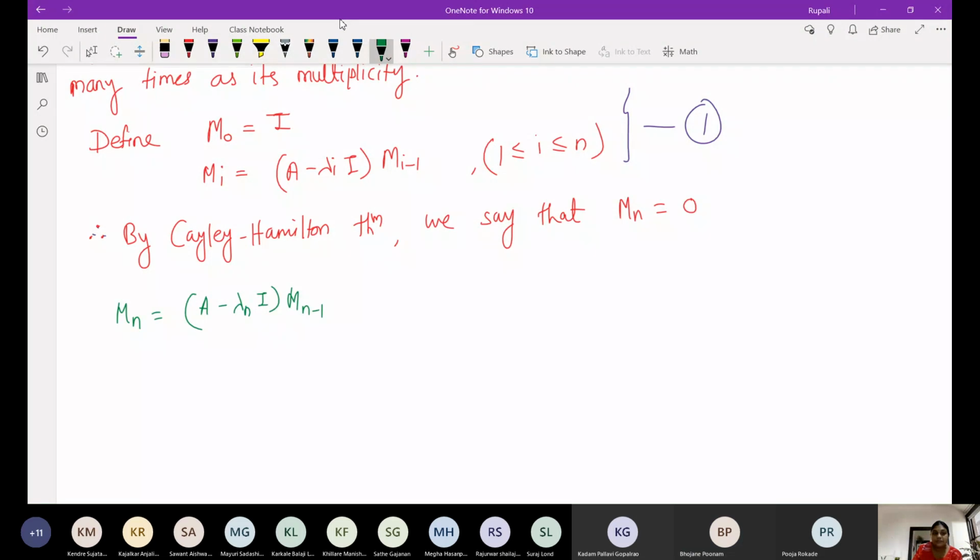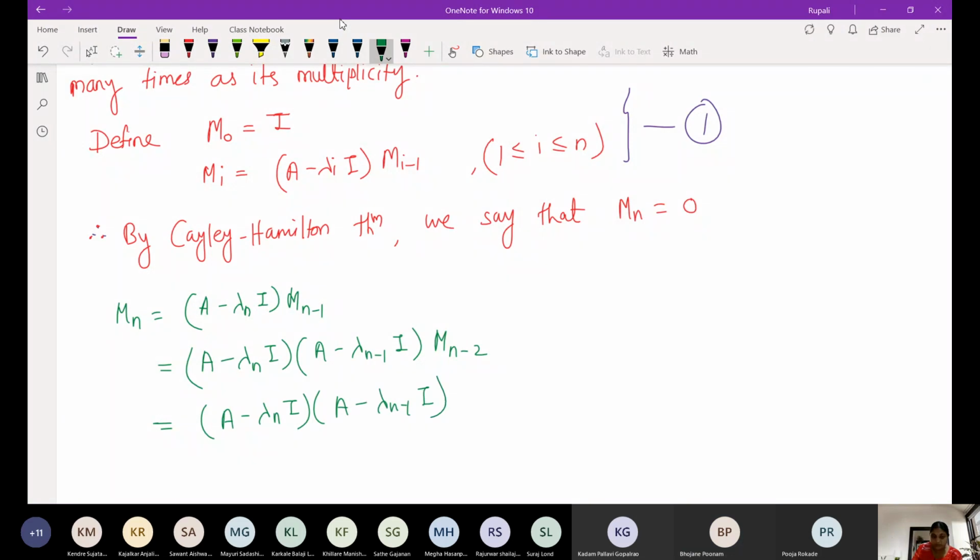And Mn minus 1 is (A minus lambda n minus 1 I) times Mn minus 2, and so on, like Mn minus 3.